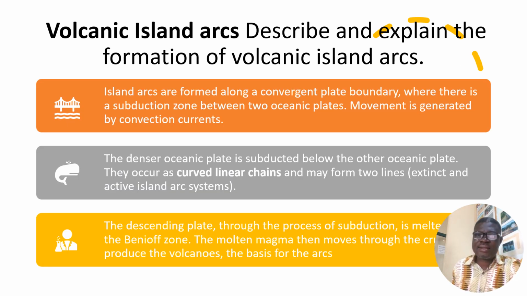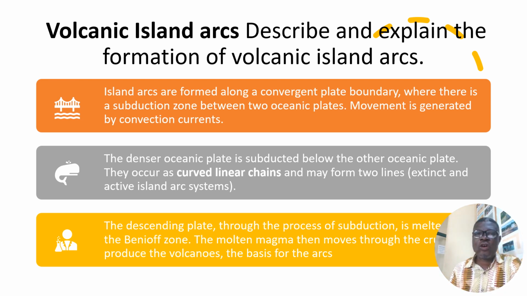The volcanic arcs. I told you that the arcs are also formed from the subduction of two oceanic plates. In this case, one of the oceanic plates melts. The melting of these plates will give us magma, and it comes up as volcanoes. So it forms different volcanic islands around it.